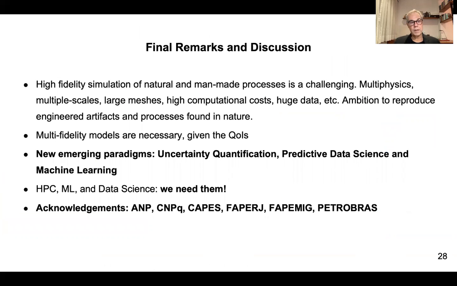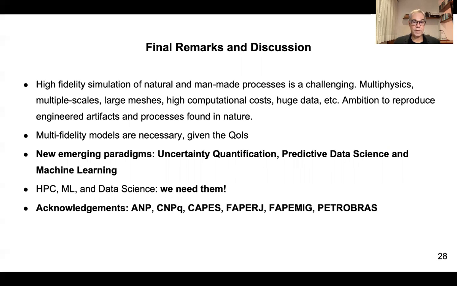Well, to close, we see that high fidelity simulation of natural and man-made processes is challenging. There is a lot of physics interacting at multiple scales, with a large span, which gives us high computational costs, huge data, etc. And we have the ambition to reproduce engineering artifacts and processes found in nature.